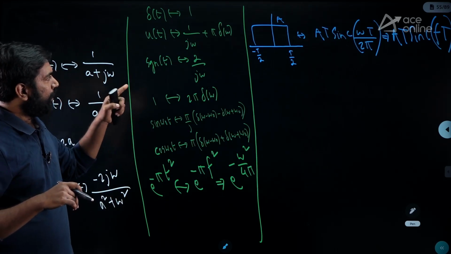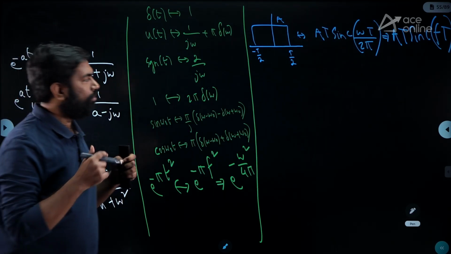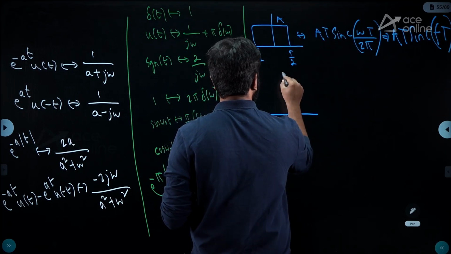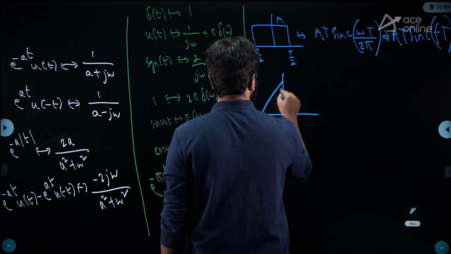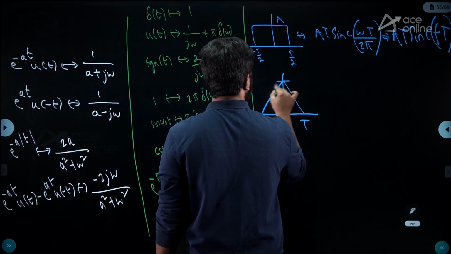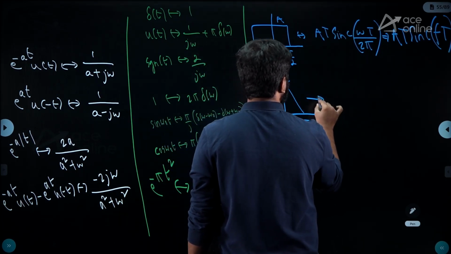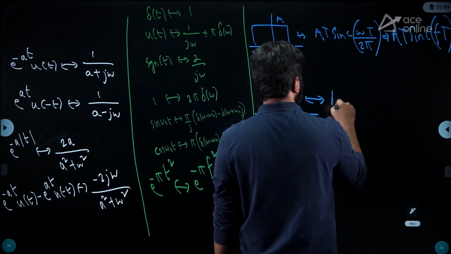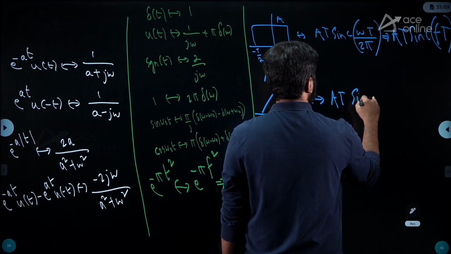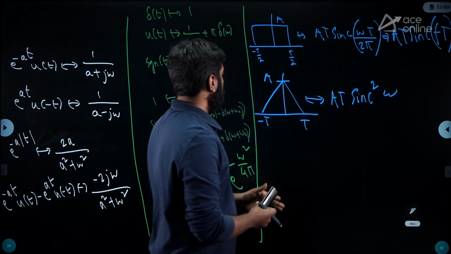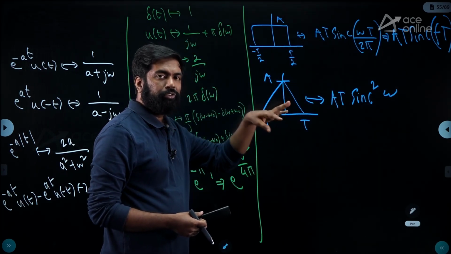The questions on rect and triangular are frequently asked. So let me show you for the triangle. Let us say this is minus T, this is T, let us say this is A. If you have a triangular pulse in time, then it is the area of the triangle, which is AT, and then you have sinc square of omega into the width by 4 pi.